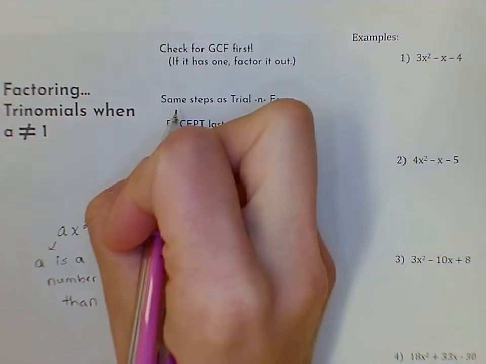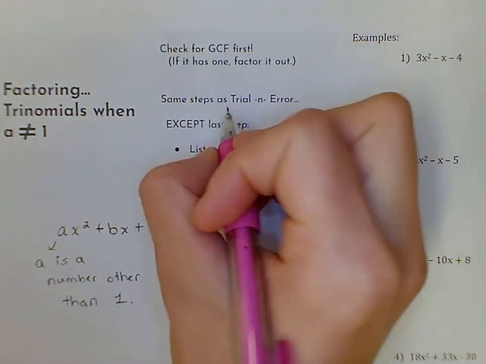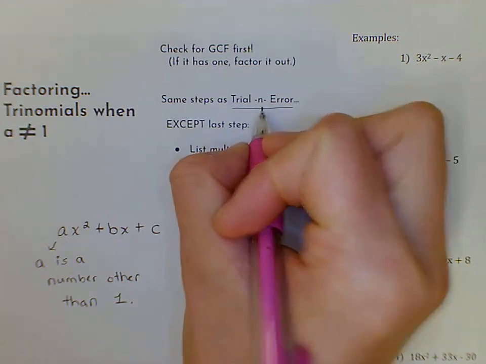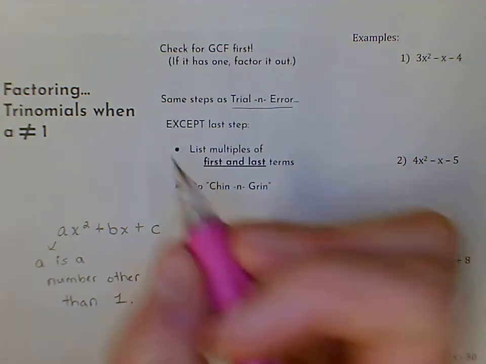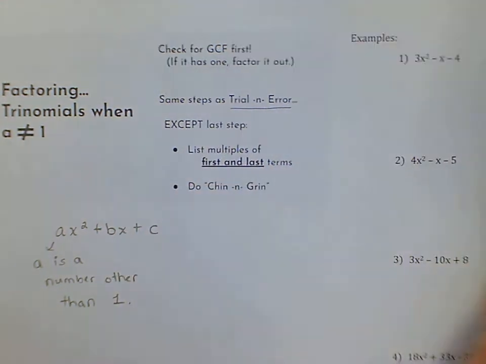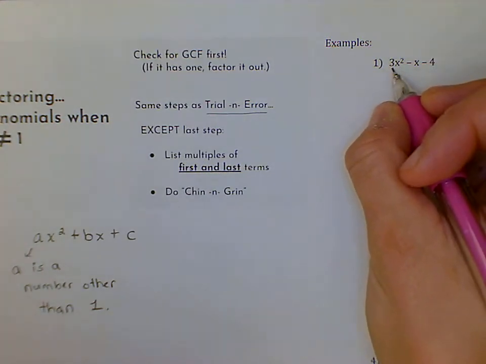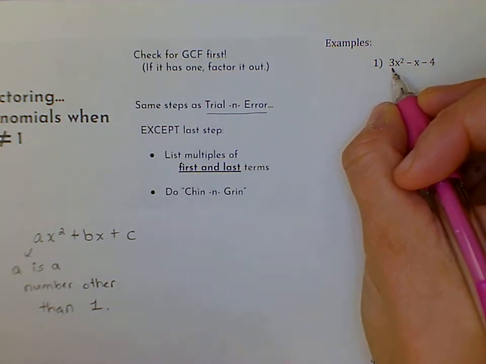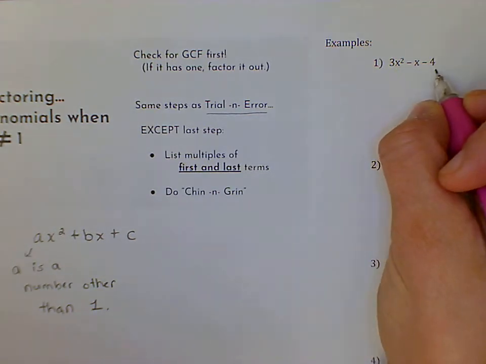Then, like I said, a lot of the steps that you did with the trial and error in that last video will still apply here, so you'll still be doing the majority of the first steps, okay? But when you get to that last step, you're going to have to actually consider the multiples, or what multiplies to give you the first number, but also the last number. So you're going to have to take into consideration both of those.